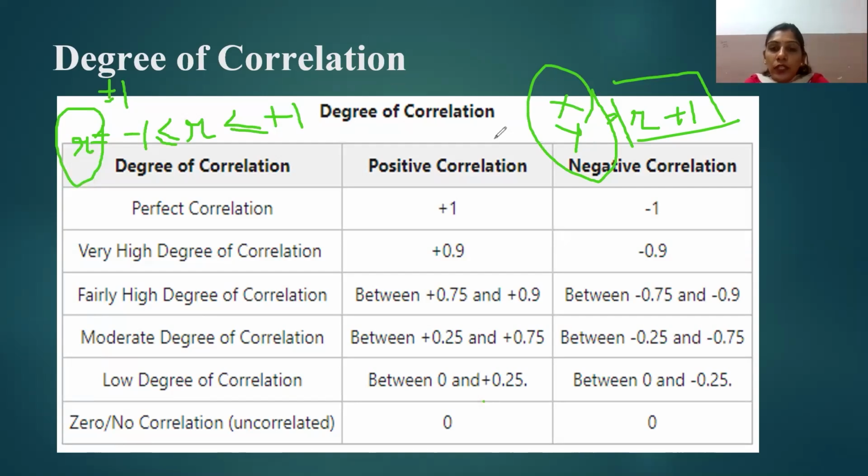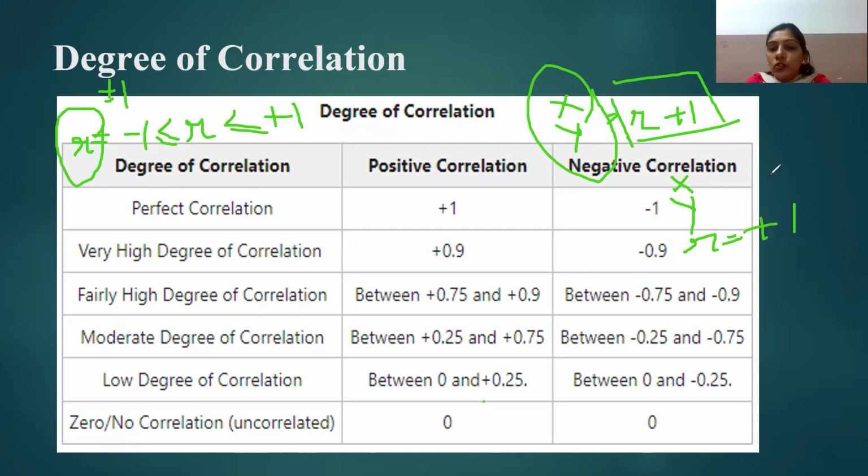Suppose you are calculating the coefficient of correlation for variables x and y, and the value of r is exactly plus 1. Then it shows a perfect positive correlation.